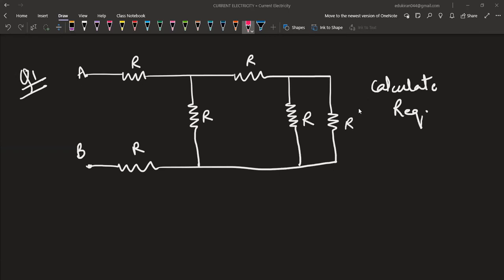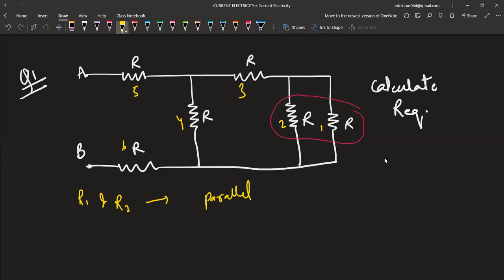We'll start from this end. So see, these are two resistors. They are connected in parallel. So R1 and R2, they are connected in parallel.